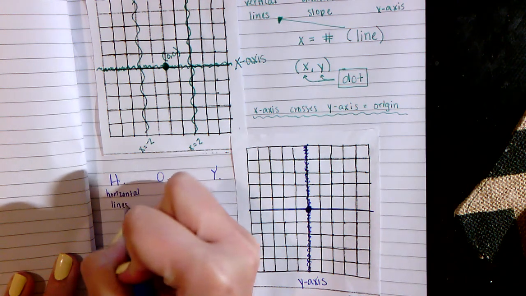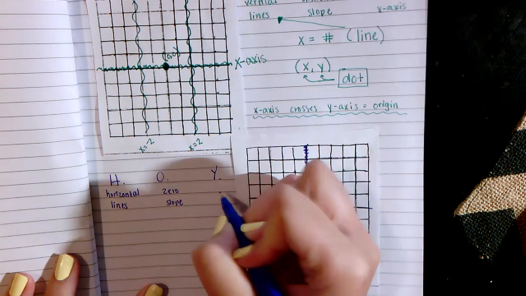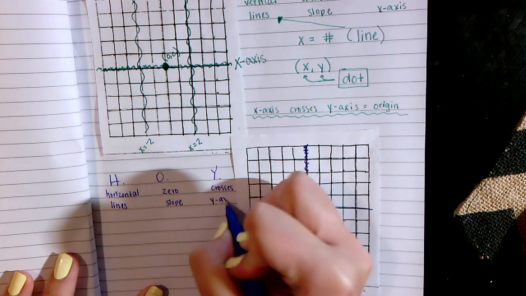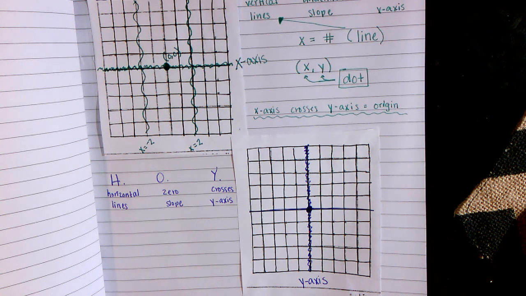It has a 0 slope, and it crosses the y-axis. So if you're talking about a number on that axis, it has to cross through that axis. It can't just run alongside it. And so I'm going to show you what that looks like.